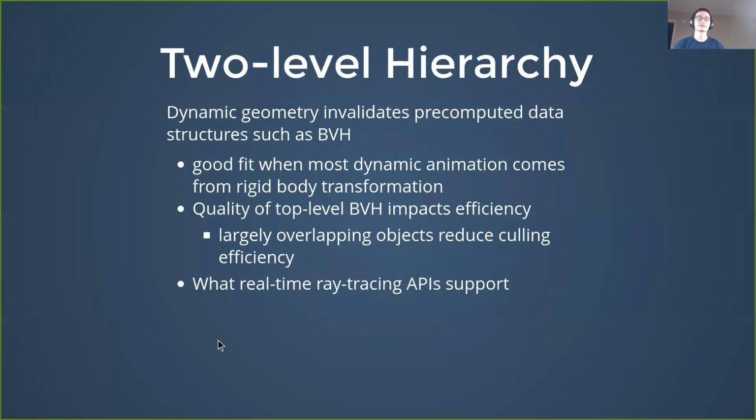The idea is to have a detailed bottom-level BVH per mesh, and we can generate them offline with its static geometry. And even for the top level, we have some kind of lower quality BVH, but it needs to be constructed fast.